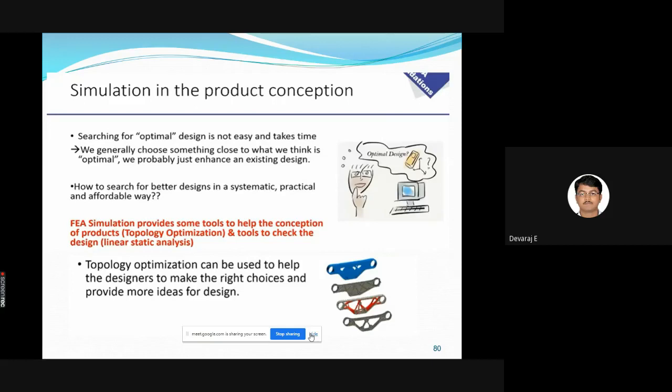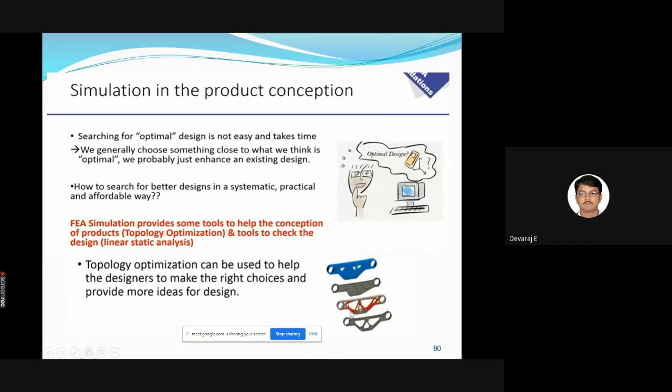Wherever the stress is less, topology optimization will immediately do stress analysis and remove the excess material by itself. Now you can see the first design in the first figure, and it will convert into the third figure. So this is what is called as topology optimization.